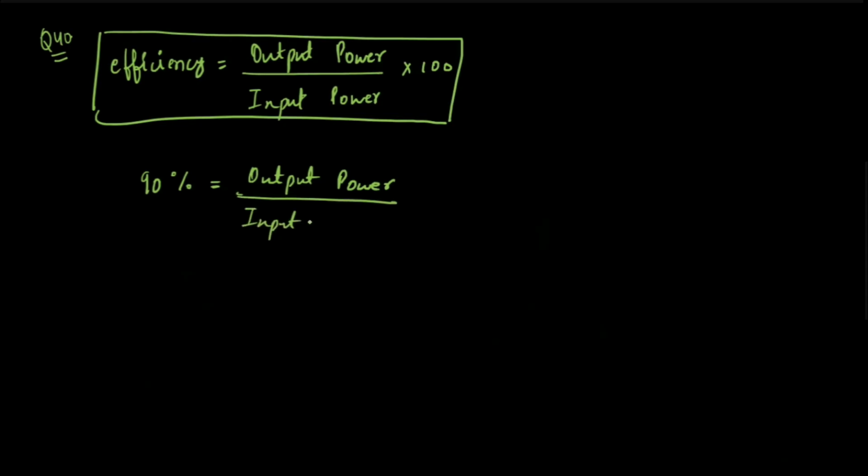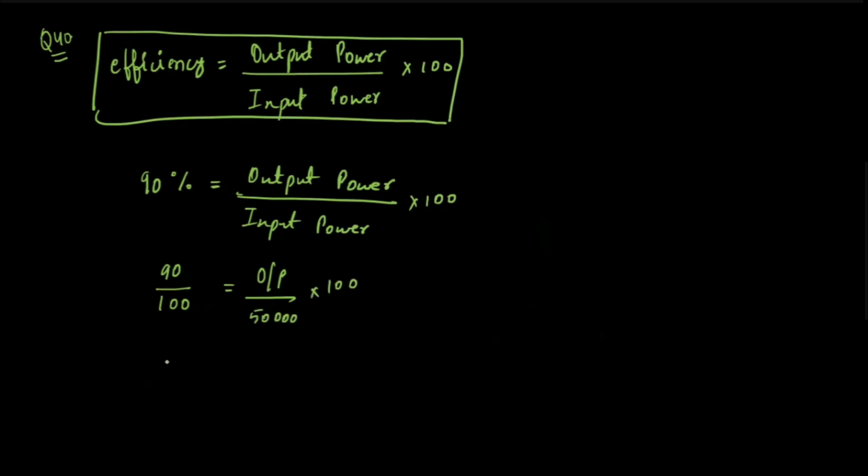Now, what was the input power? How much power we have given to the circuit is there in the 39th problem. It is 50,000 watt. So here we can say it is going to be 90. Since it is percent, you can write it as 90 over 100. What is output power? This is something we have to calculate. What is input power? It is 50,000 into 100.